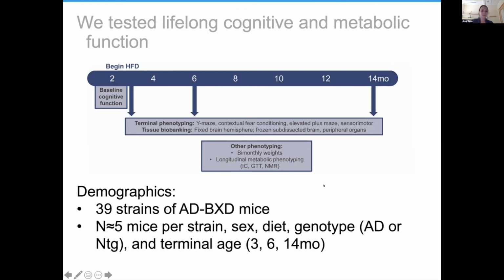And in this study, we have almost 40 strains of AD-BXD mice, and we shot for an N of 5 mice per strain, sex, diet, genotype, and age. And this works out to almost 5,000 mice that are a part of this study.